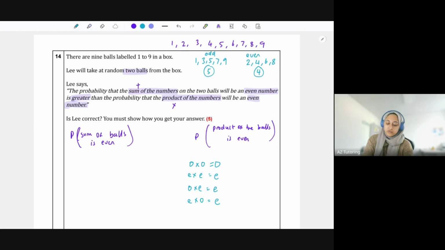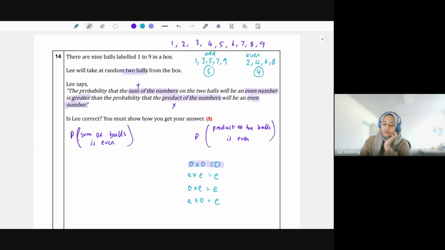So you can see those are the only possibilities I could have: odd, odd; even, even; odd, even; or even, odd. There are 3 different ways I can get an even number, so I'd have to work out 3 separate probabilities and then add them all together. Instead of doing that, I could just work out the odd, odd one up here, and then do 1 minus that, because the probability altogether has to add up to 1.